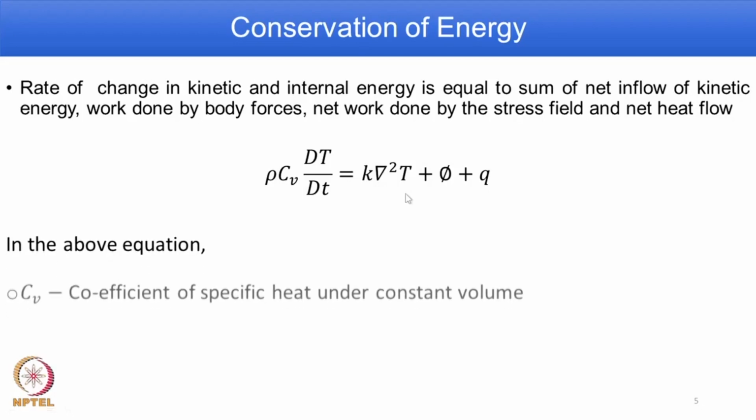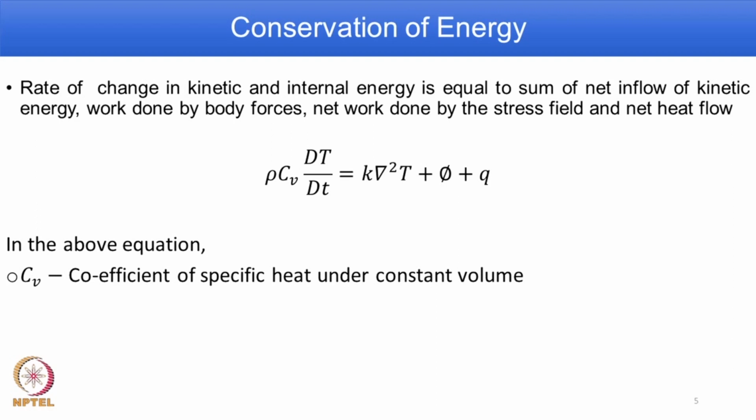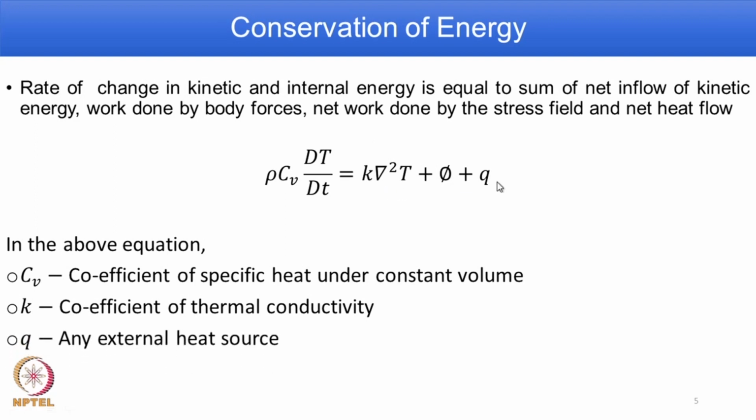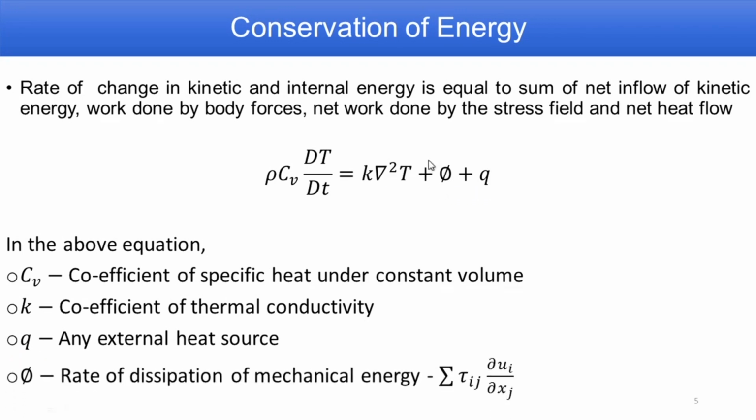So, in this equation Cv is a coefficient of specific heat at constant volume, and K is a coefficient of thermal conductivity, and Q is any external heat source, and phi is the rate of dissipation of mechanical energy, and that is given by this expression.